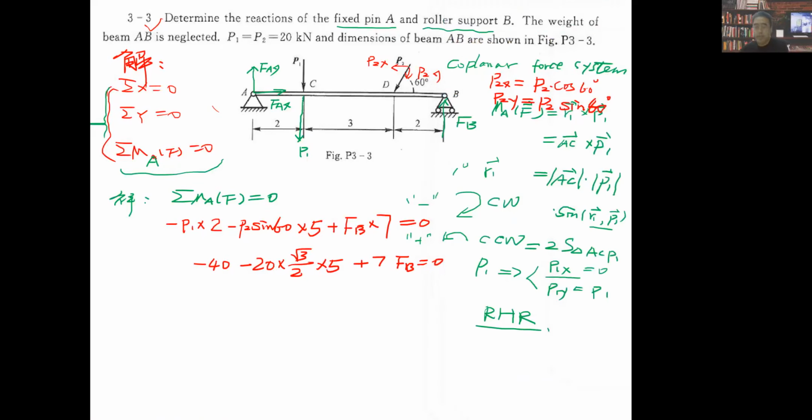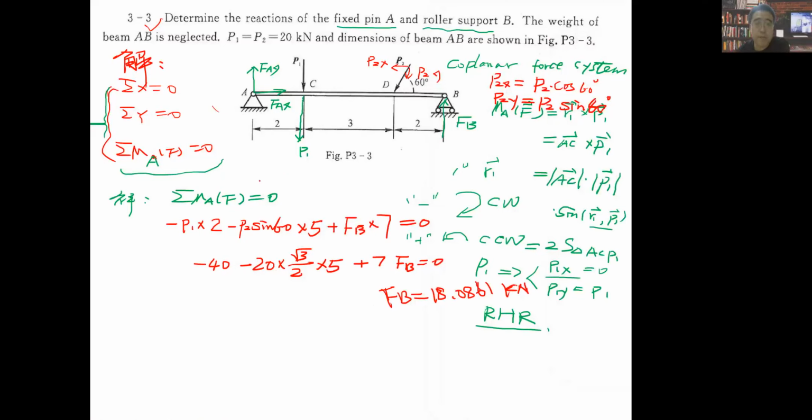Can you guys understand that? Yes. Okay, so FB equals 18.08661 kilonewtons, right? That's what we found from this equation.